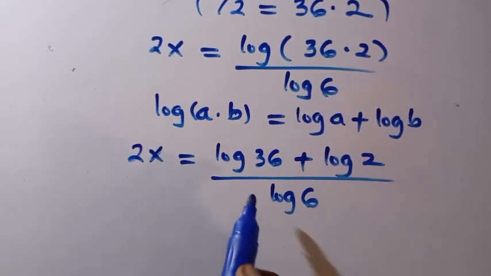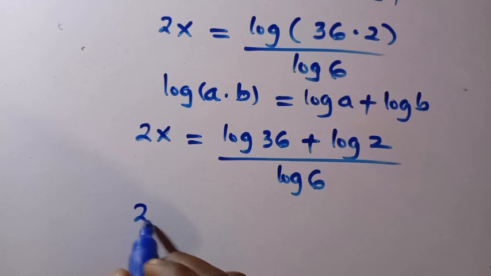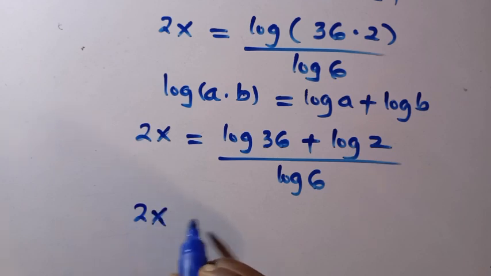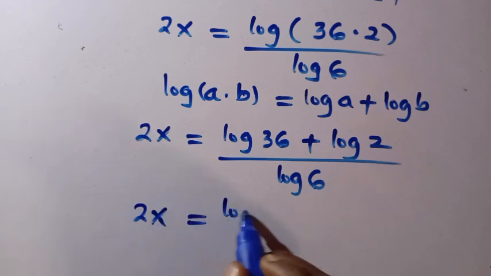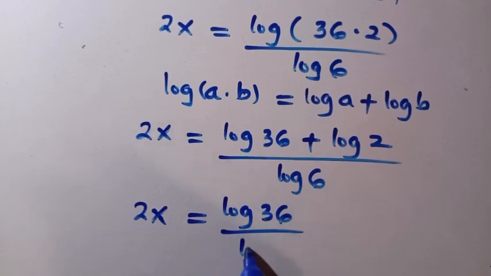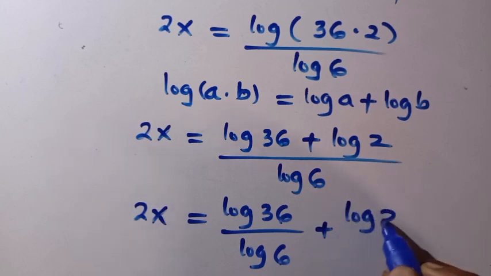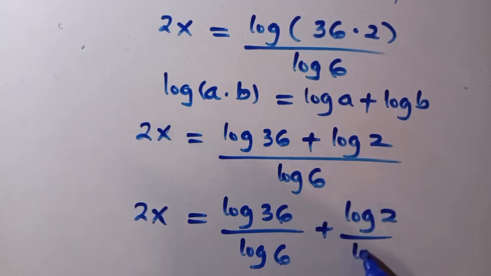Then we can divide this separately as 2x equals log 36 divided by log 6 plus log 2 divided by log 6.